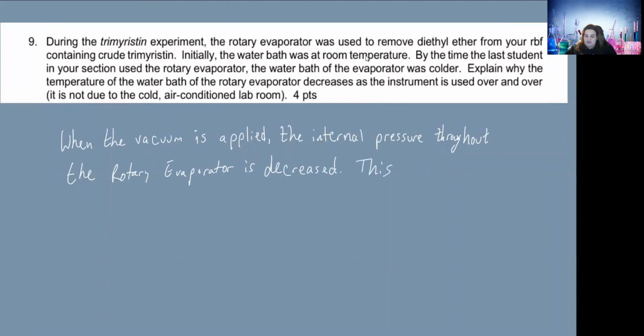So this results in the temperature of the glassware decreasing.